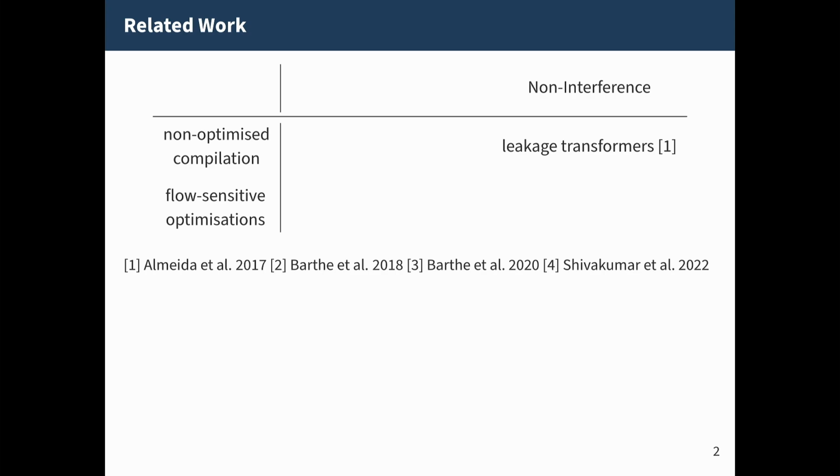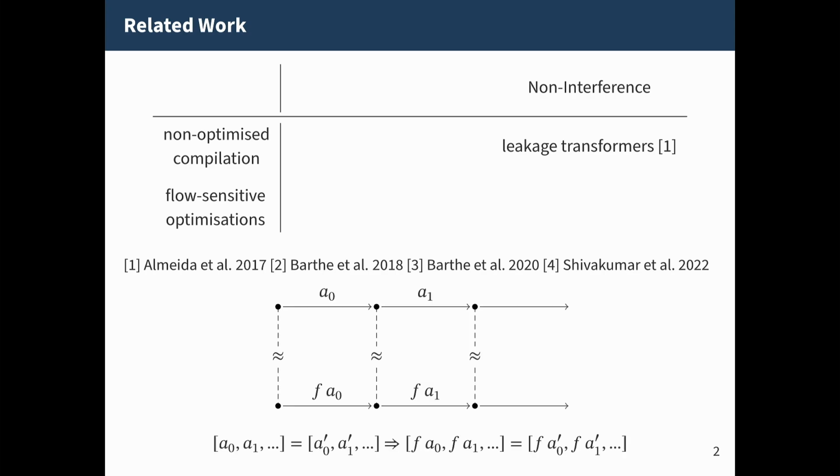The basic idea is that the leakage in the target is a function of the leakage in the source. If we can translate every source leakage into a target leakage determined just by the source leakage, then if the source leakage is equal, the transformed leakage must also be equal. So that works.